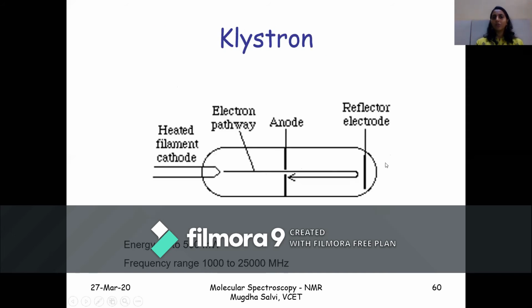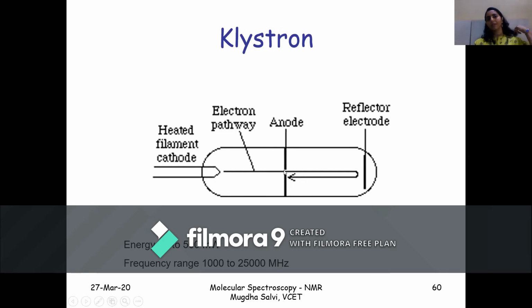This is a klystron. It gives an energy between 10 to 500 milliwatts. The frequency range is 1000 to 25,000 megahertz. It basically has a heated cathode, a filament, an electron pathway, an anode, and a reflector electrode.